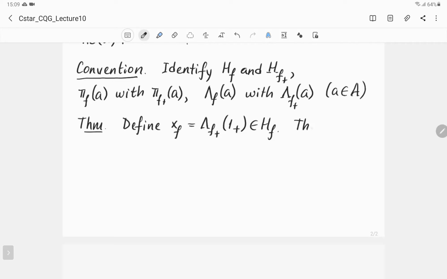I claim that xF is a cyclic vector for the GNS representation pi F. Also, if we apply pi F of a to this vector, then we get lambda F of a.